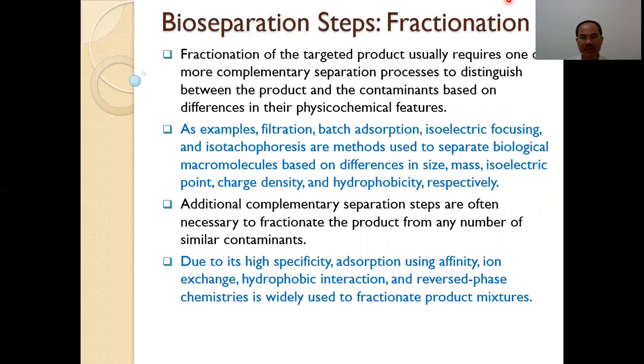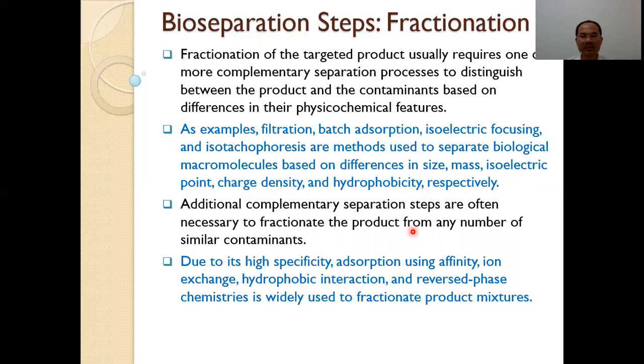The next step is fractionation. Fractionation of the target product usually relies on one or more complementary separation processes to distinguish between product and contaminants. What does this mean? In fractionation we have to separate product and contaminant. Maybe you use filtration or adsorption, and you can also use isoelectric point, charge density, and hydrophobicity.